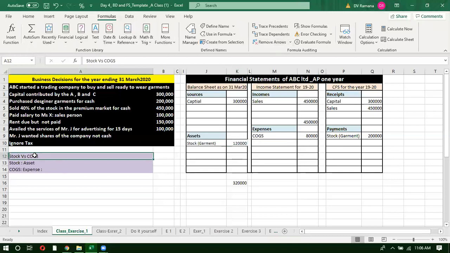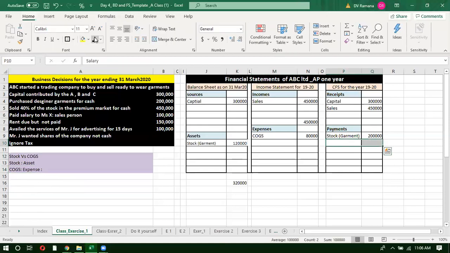So COGS, as I mentioned here, is an expense because the benefit expired. But the stock is an asset because that will have the ability to generate future cash flows. Now rent, so salary paid, okay? So the salary to the employees is an expense and salary has been paid.